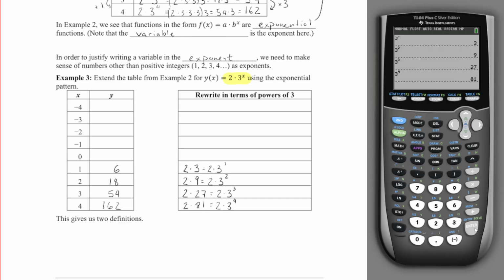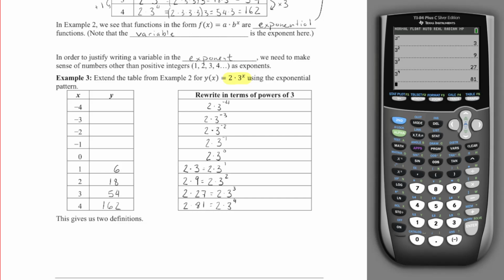And the reason that we're rewriting this in terms of these powers of 3 is that now we're going to look at this pattern and kind of backtrack it and say, okay, well, the previous rows then, we must have 2 times 3 to the 0, 2 times 3 to the negative 1, 2 times 3 to the negative 2, and so on. 2 times 3 to the negative 3, 2 times 3 to the negative 4.